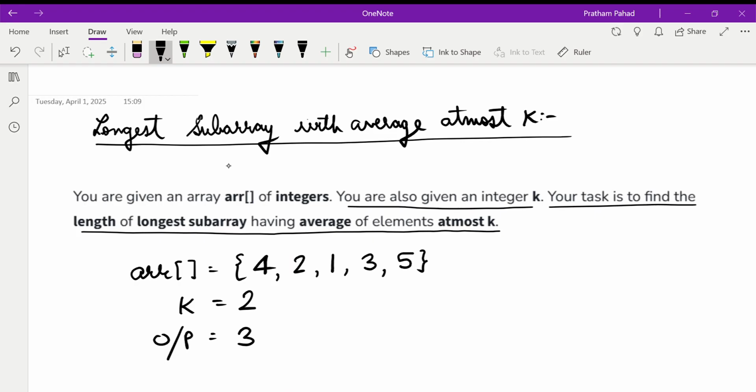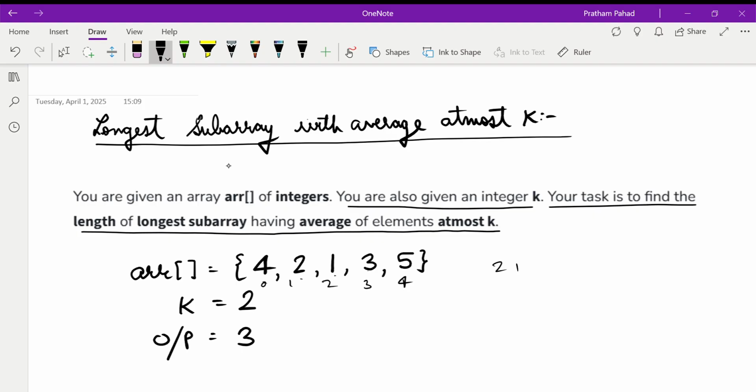So in this, let's find out the subarray with average at most k.